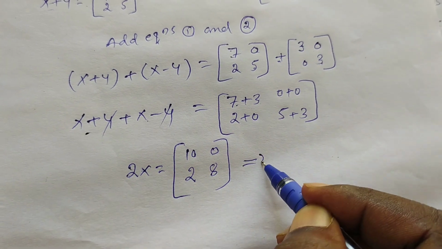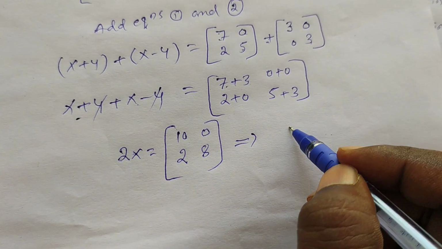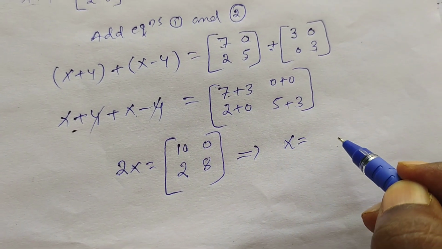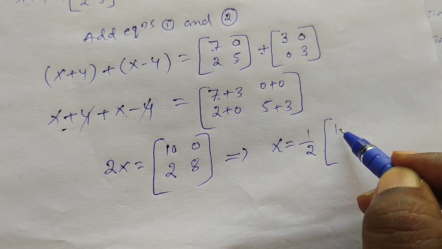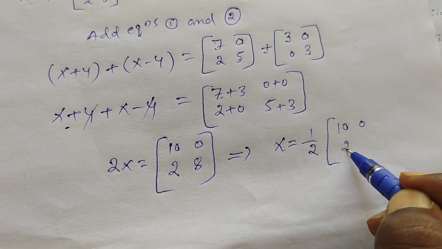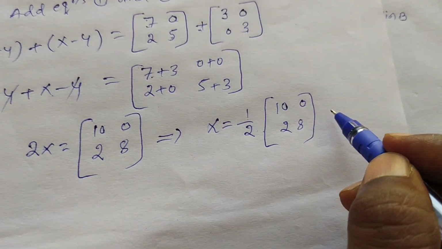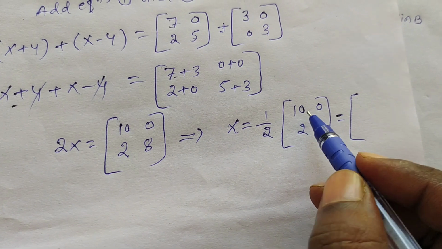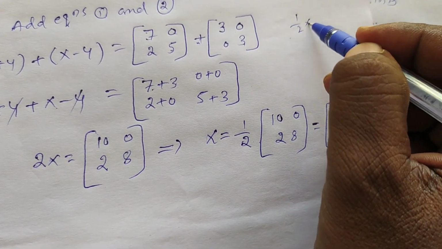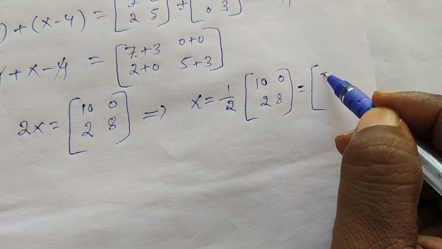This implies X is equal to 1 by 2 times the matrix 10, 0, 2, 8. After simplifying, 1 by 2 into 10 is 5.